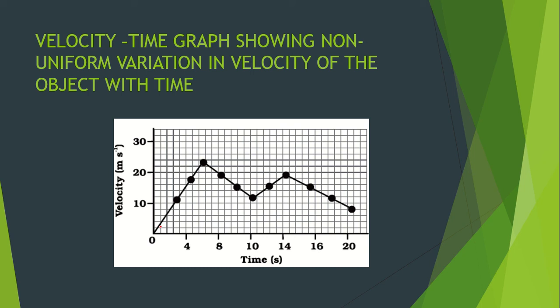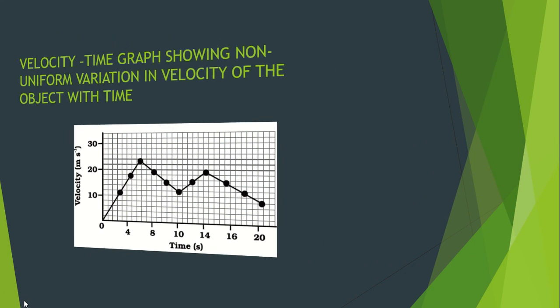So it is a kind of graph which is a combination of acceleration and retardation. So you can say the velocity is changing. There is variation in the velocity of the object with time. So this is a case where you can say that it is non-uniform acceleration.